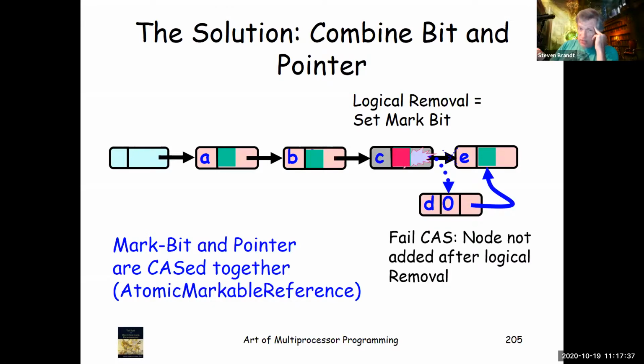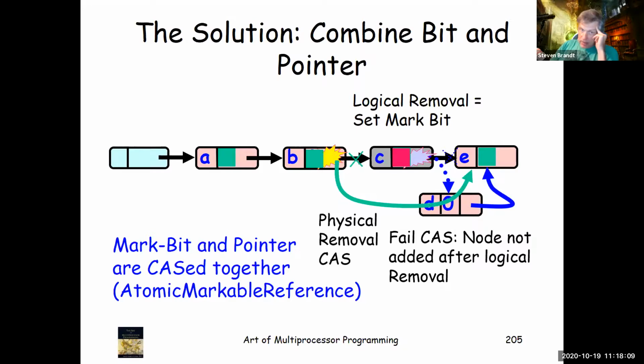And now when we do the CAS, part of the CAS is going to be that this thing is still green. So it's going to say we have a next pointer and an unset logical removal bit that are going to get replaced with a pointer to this new object that also has its logical removal bit set to green. And so this will fail if anything marked this bit red.